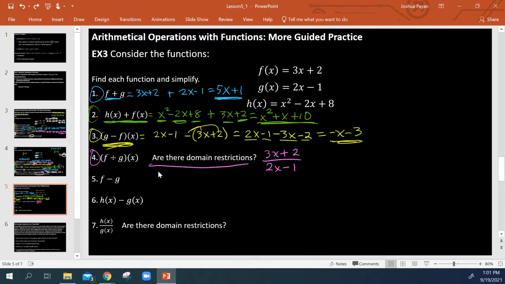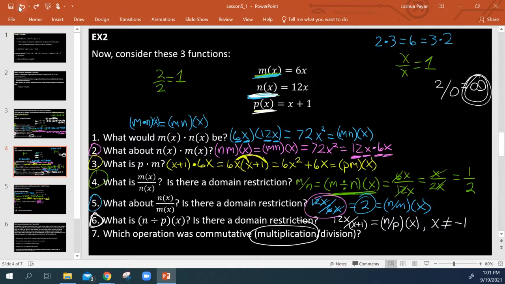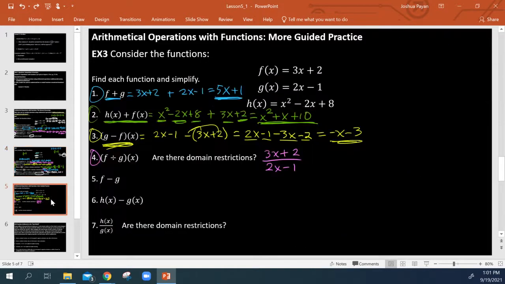But let's answer this piece right here. Are there domain restrictions? Is there some value of x that I can plug in here that would give me a 0 in the denominator and ultimately make me have a number that is infinite? Maybe you can't tell off the top of your head what it is. The simple way to do it is take the denominator, 2x minus 1, and set it equal to 0.